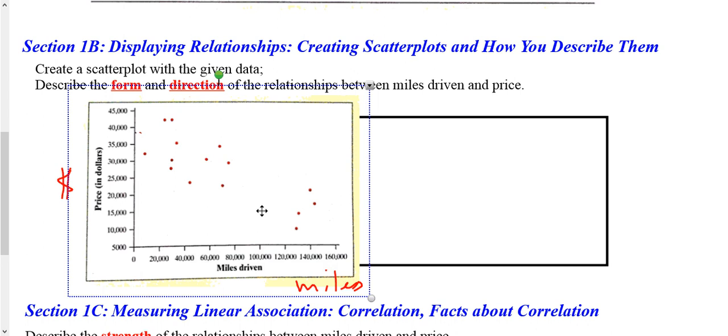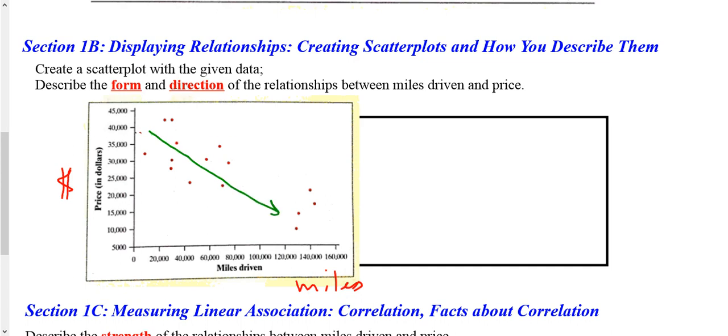But if you look at this data, and we're going to describe it, and we look at the form and direction first, does the form seem linear? Again, we'll talk about lines later in creating those lines, but it seems like this is going down and to the right. It seems to be a path that's straight, so we would describe this as, yes, linear.